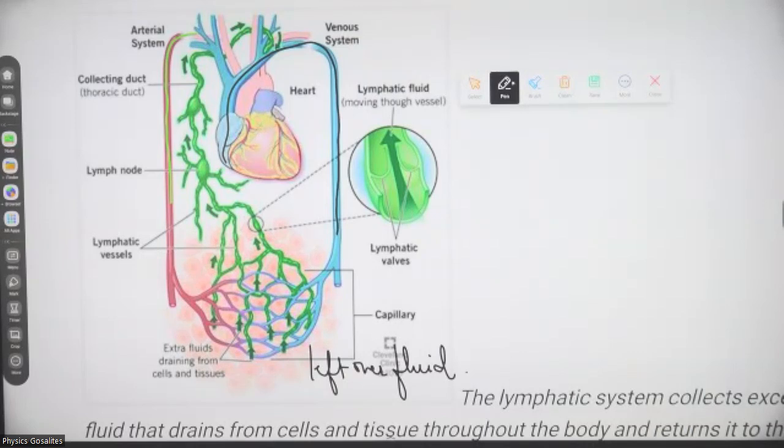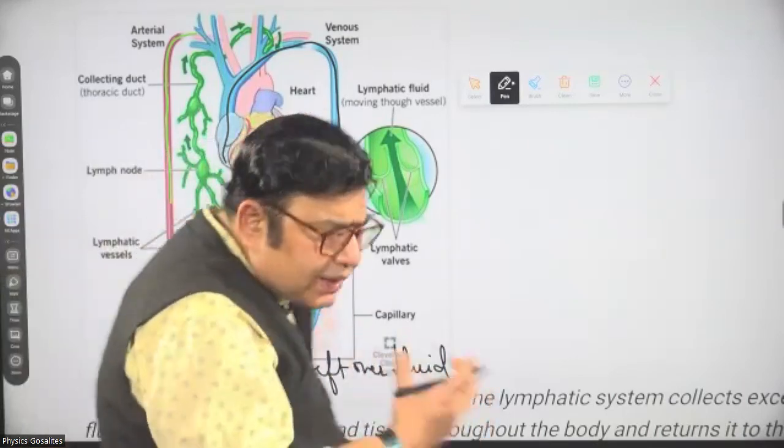And along with that, there will be swelling, because the fluid is accumulating and that part becomes swollen, edema.